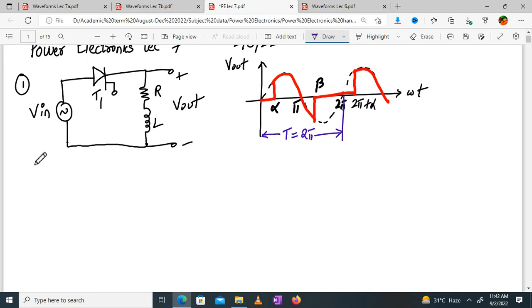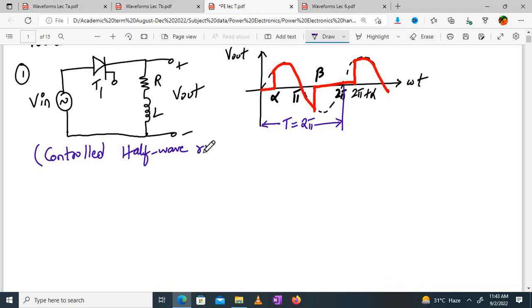This is what we are discussing: controlled half wave rectifier with RL load.